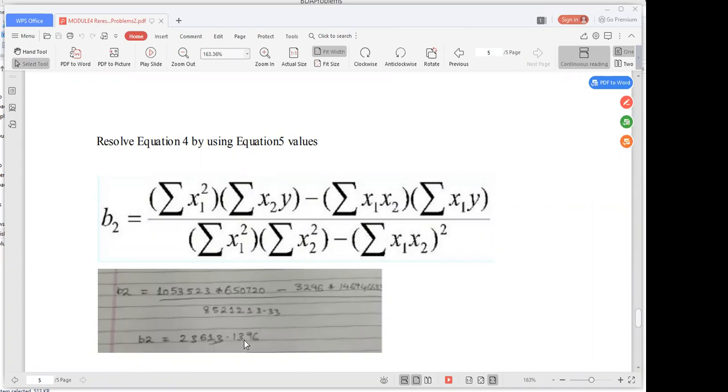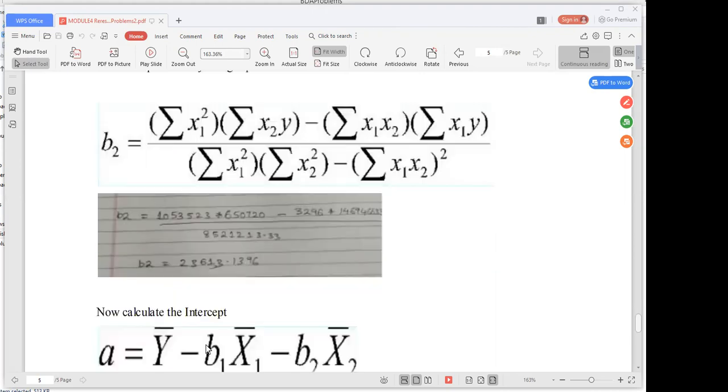You can just round it off to two decimals, so we have 23613.13. This is the same value we had got in the textbook. While explaining the PPT in the regression class, we had directly told the values there. So this is how we have got the values. The same values are there even in the textbook or your PPT, you can check it.